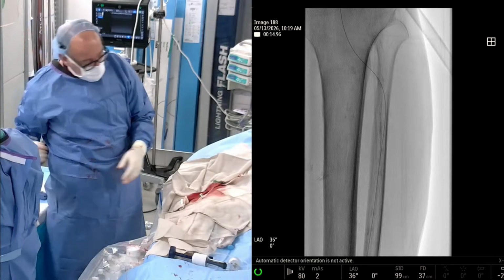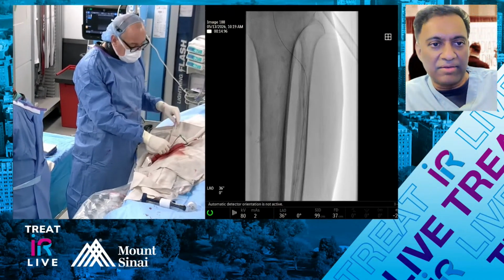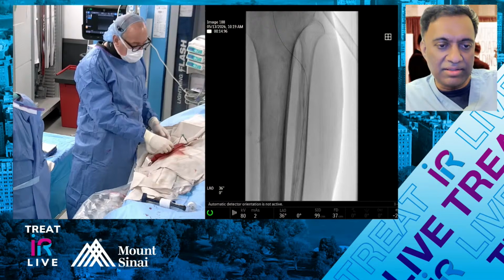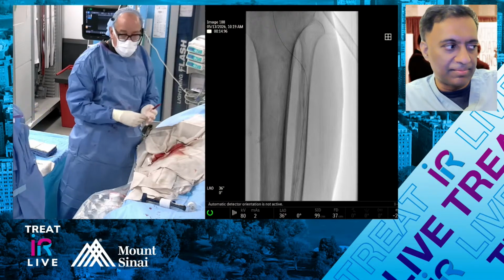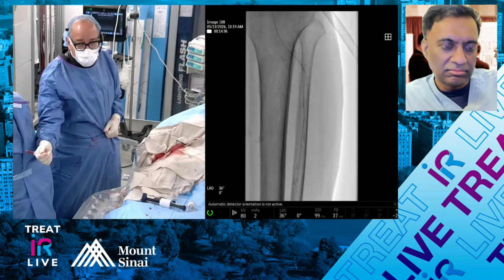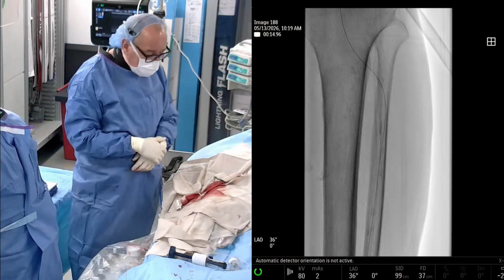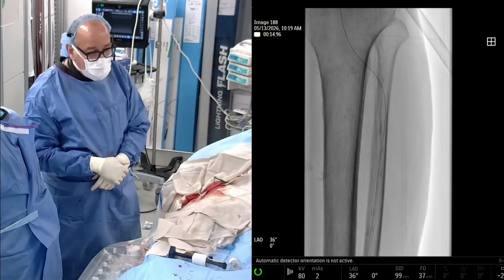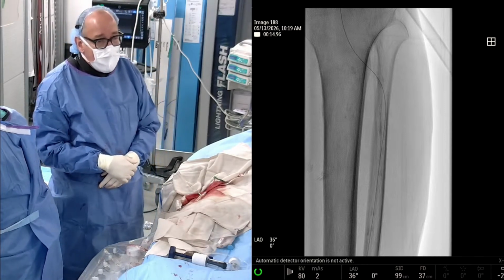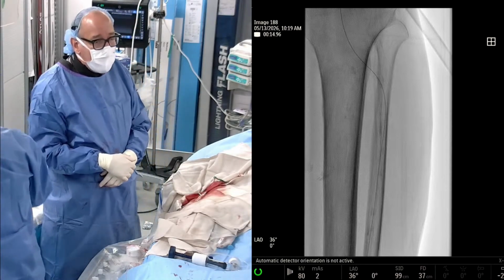Now, this patient, it sounds like, had subdurals in the past. What's your kind of algorithm, say, after this intervention for antiplatelet or even anticoagulant? Yeah, so that's a great question. So we're definitely going to put him on clopidogrel. And I think that it's always risk reward. We obviously had him evaluated by our neurosurgical colleagues, and they felt because he's relatively distant from the incident event, the risk is low.